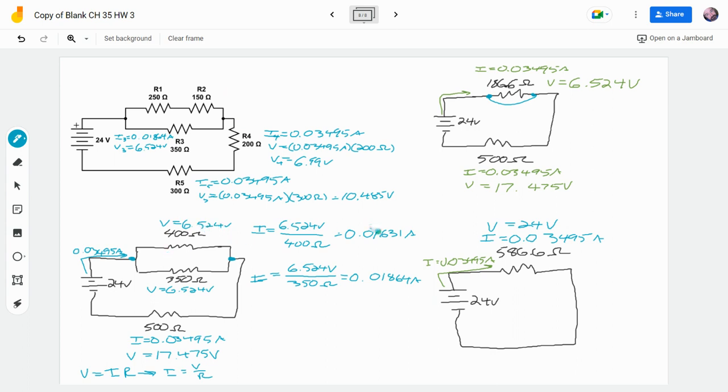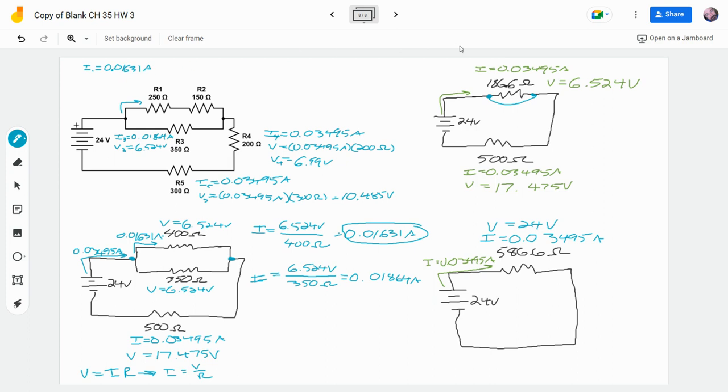What I figured out here is that I've got 0.01631. So that's the current coming through here, 0.01631 amps. That current coming up here through this branch is going to be the one that's going through both of these guys. So what that tells me is, let me call it I1, is equal to 0.01631 amps.